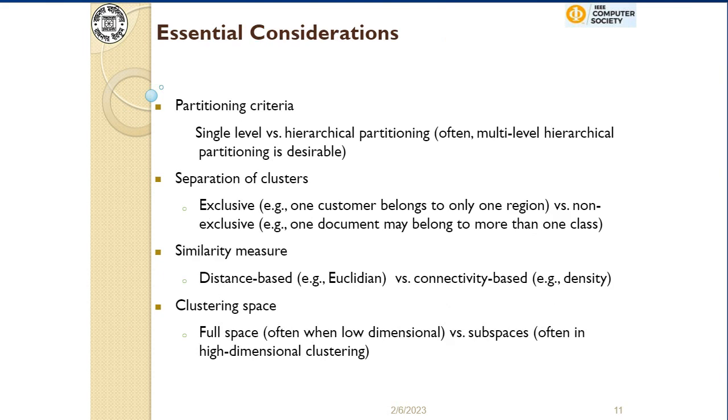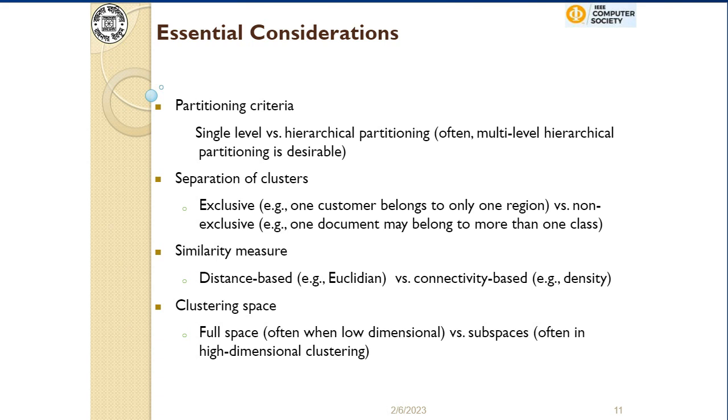Now, given all these things, different forms of clustering and different algorithms are in place, based on different criteria. For example, the partitioning criteria: single-level clustering or hierarchical partitioning. That means you partition the entire data set either in a single run, as we have shown in the case of k-means, or you can go for hierarchical partitioning, breaking or merging regions from the top down and arriving at the final outcome.